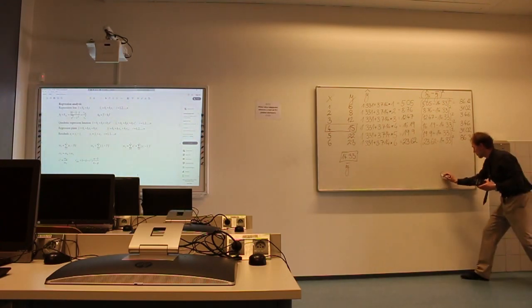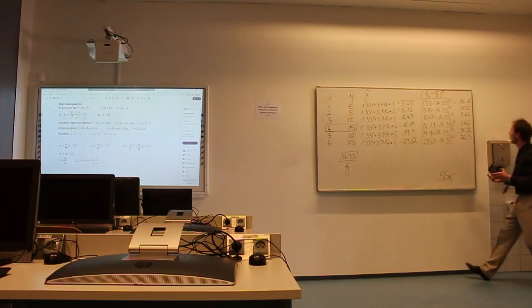Okay, the sum will be sum of squares regression.